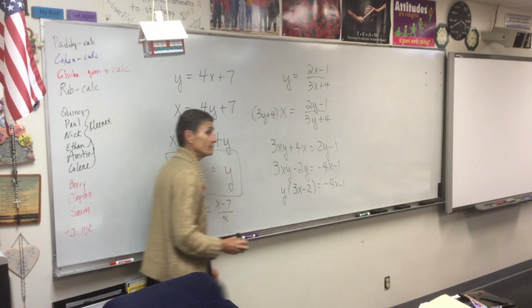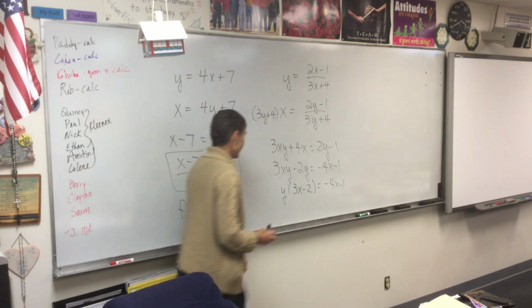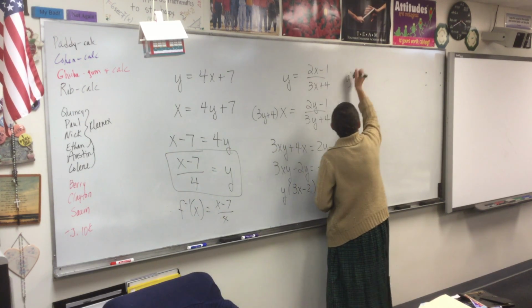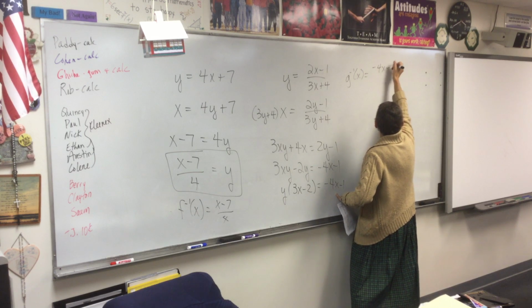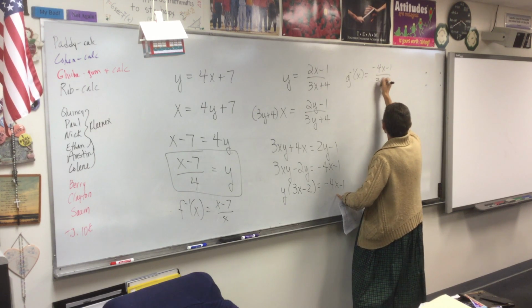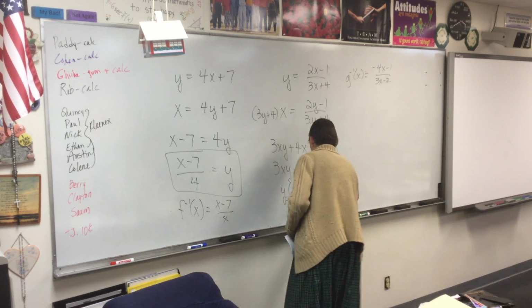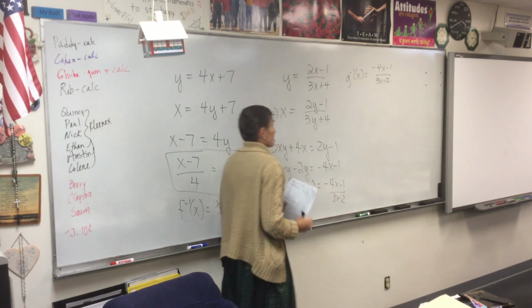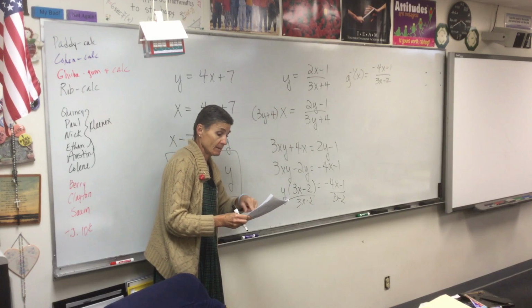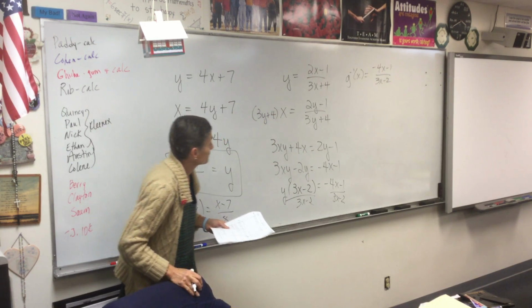And then we're almost done. You're going to divide. So where it says G inverse, you're going to write negative 4x minus 1 over 3x minus 2. Because you're simply dividing both sides by 3x minus 2. And that is what goes in the G inverse answer blank.